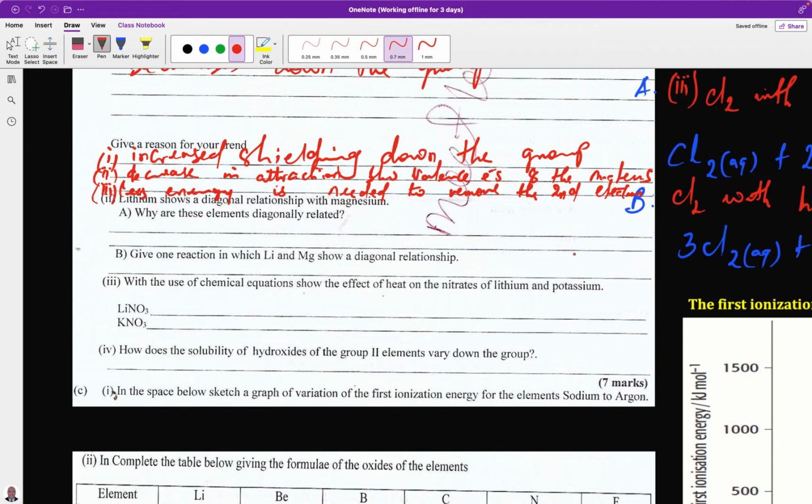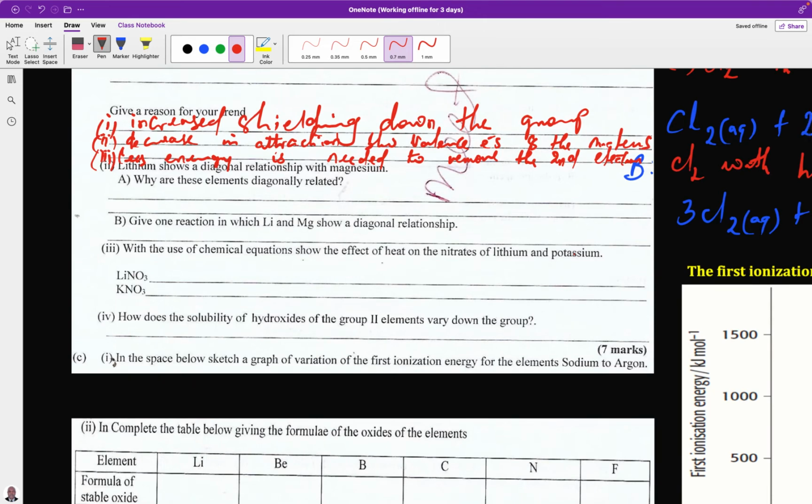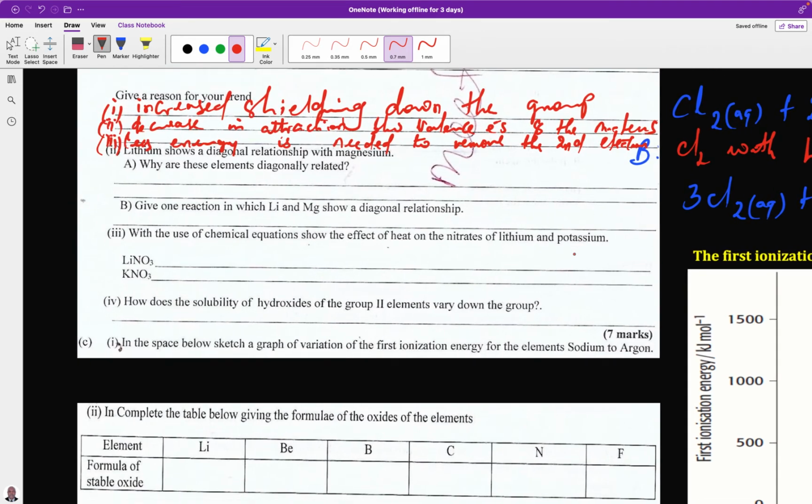You should know that lithium and magnesium, if you look at them critically, are diagonally related. One is in period 2 and the other one is in period 3. Why are these elements diagonally related?